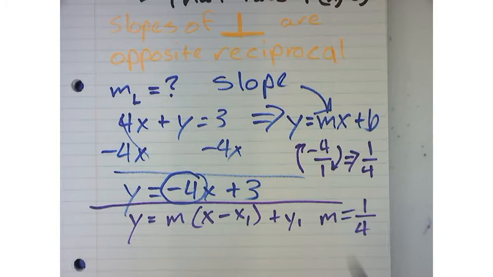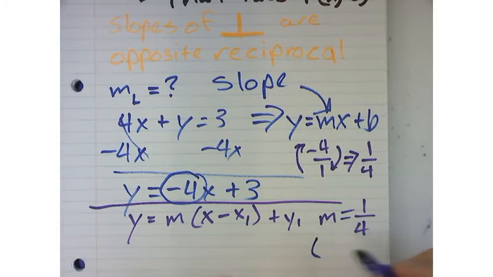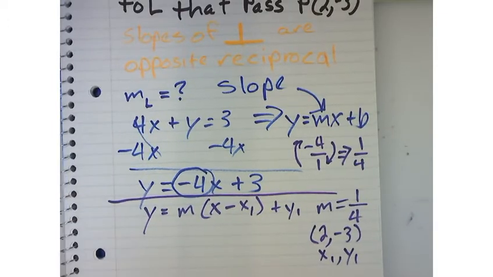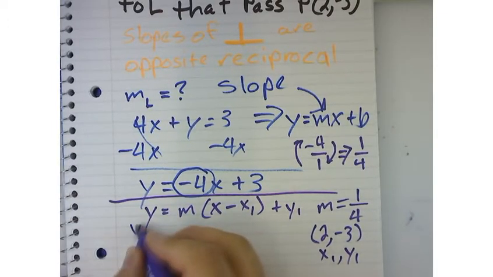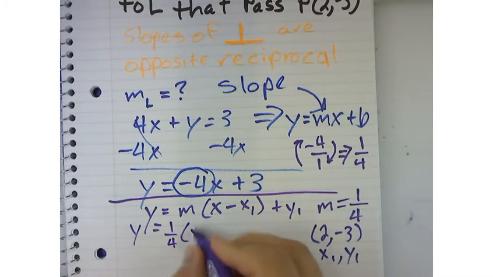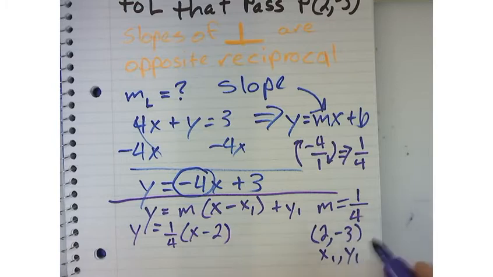All right, now what was the point that they had to pass through? 2, -3, right? So this is x sub 1, y sub 1. Plug all that information into our formula and go from there. So y is equal to 1/4 times x minus x sub 1, which is 2, plus y sub 1, which is -3.